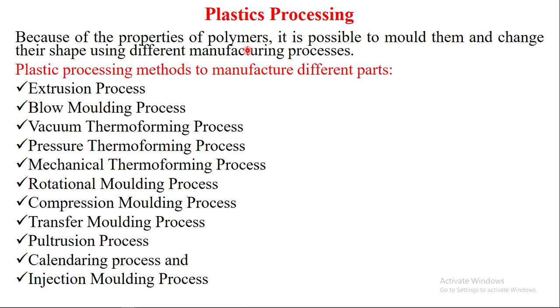The outputs are many goods that we use in house, in office, in hospital, in school, in different areas. Because of the properties of polymers, it is possible to mold them and change their shape using different manufacturing techniques or processes.